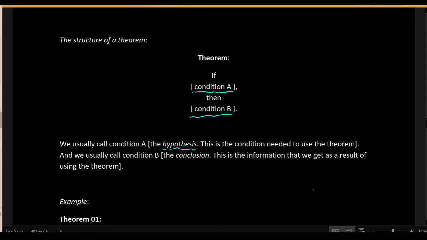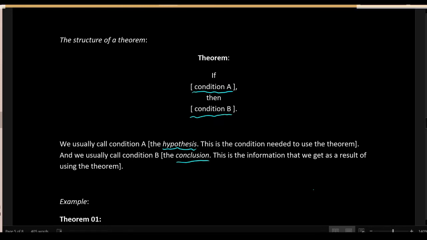The hypothesis is the condition that must be satisfied in order to even unlock the theorem so that it can be used. Condition B, the one after the word then, gives us the result of the theorem, the information that we get as a result of applying the theorem.